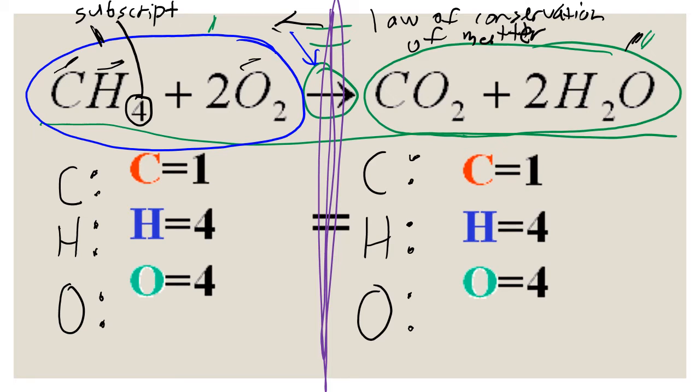This little 4 next to the hydrogen means that there are 4 hydrogen in this molecule. If you don't see a little number to the right of it, like you see how carbon doesn't have one, you assume that it's 1. So technically it's a C1, but you don't need to write that because it's just assumed with C. So on this left side, we have 1 carbon atom.